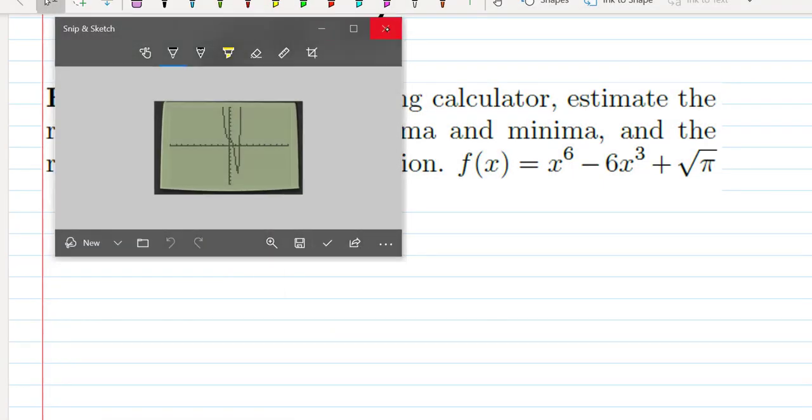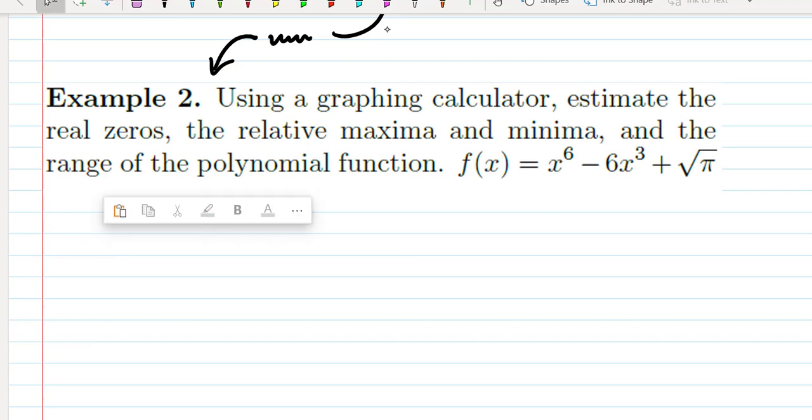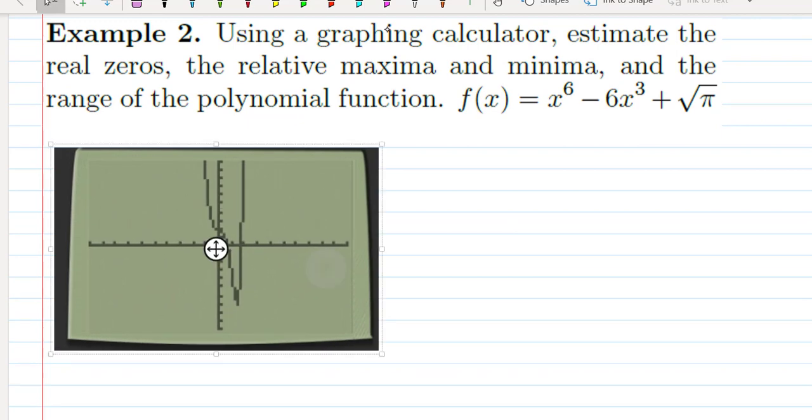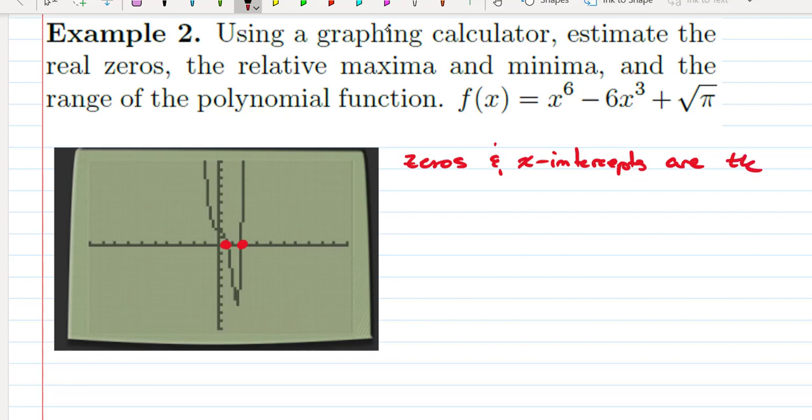And we were asked to find some of these things. So I'm going to blow this up a little bit and highlight a few important points. We were asked to estimate the real zeros. Graphically, remember, zeros and x-intercepts are the same point.